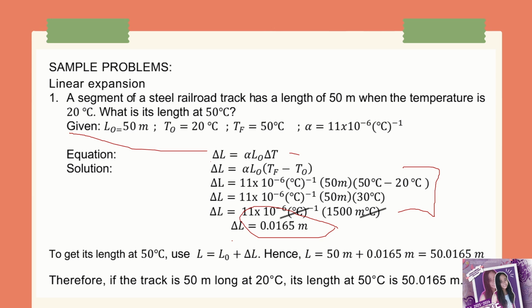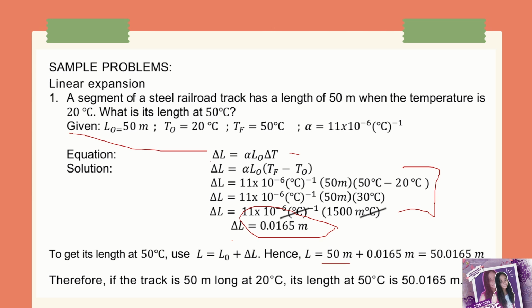Then the new length at 50 degrees Celsius will be the 50 meters plus the 0.0165 meters, which is equal to 50.0165.